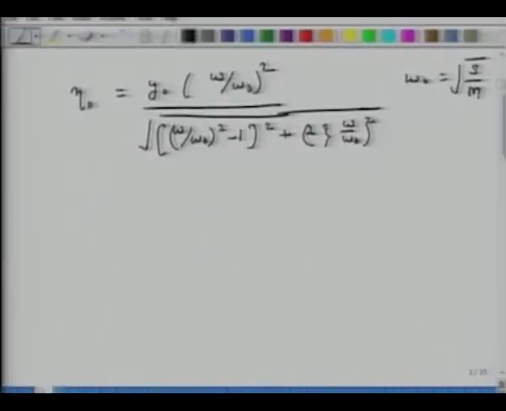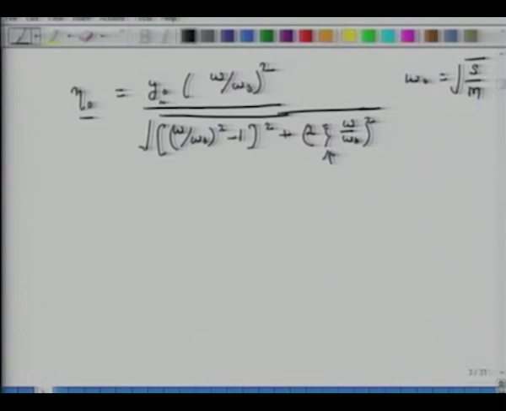And omega naught is essentially stiffness over mass, whole thing under square root. Okay. So what I have here is an expression of eta naught and y naught in terms of omega, right? And this factor which relates to damping.